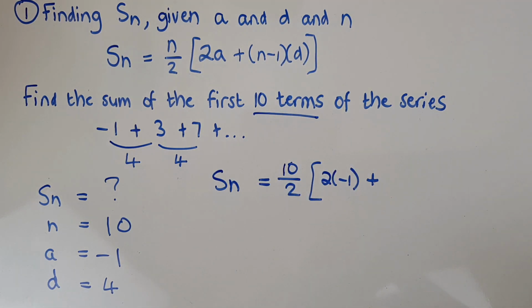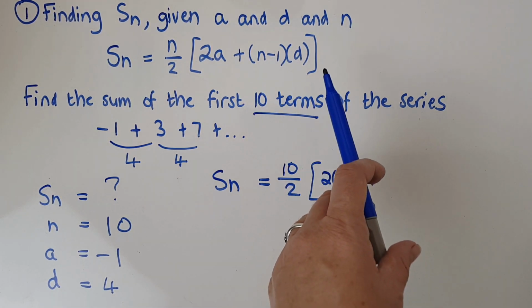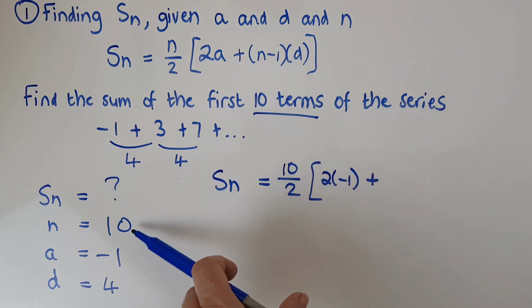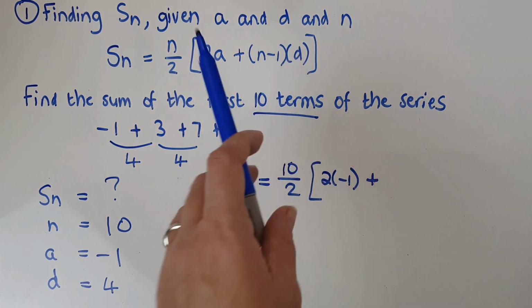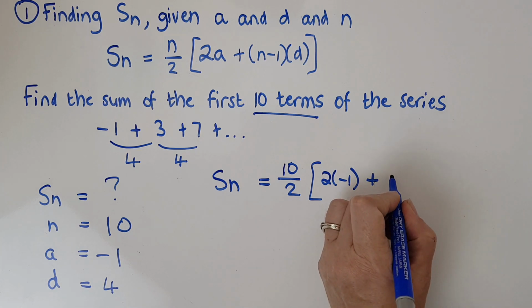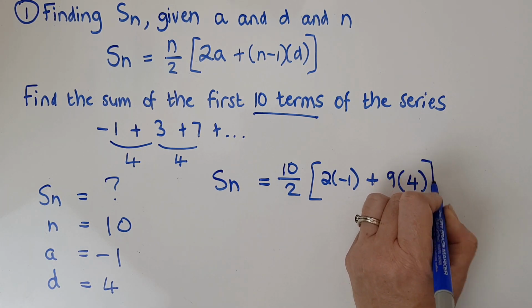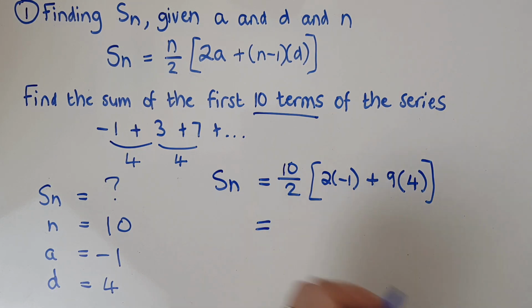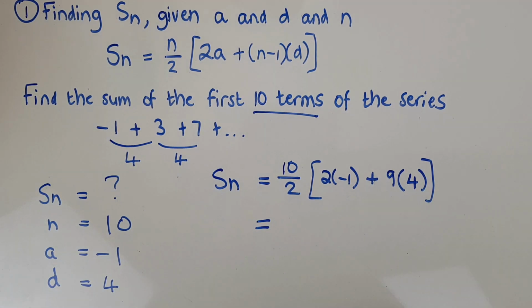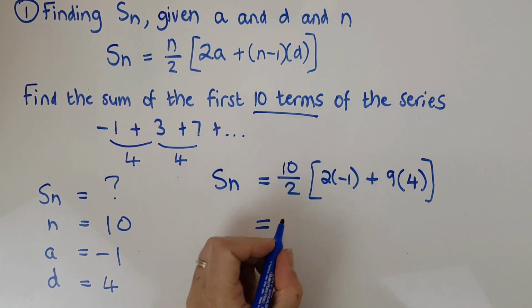You might not like that, and you really don't have to do it, but I find it shortcuts some nonsense that can happen later. So N is 10, what's 10 minus 1? It's 9, so I'm going to make that 9 times the difference, which is 4. Okay, and that's basically plug and play into the calculator. And we come out with 170.